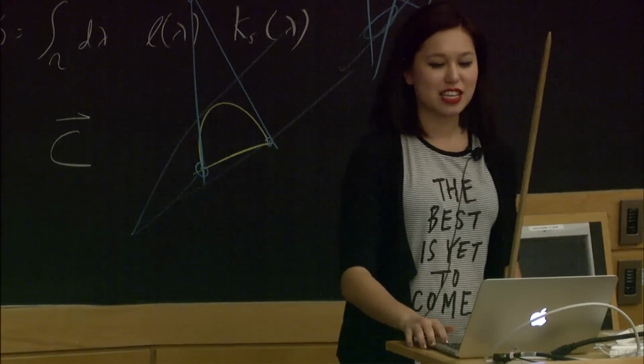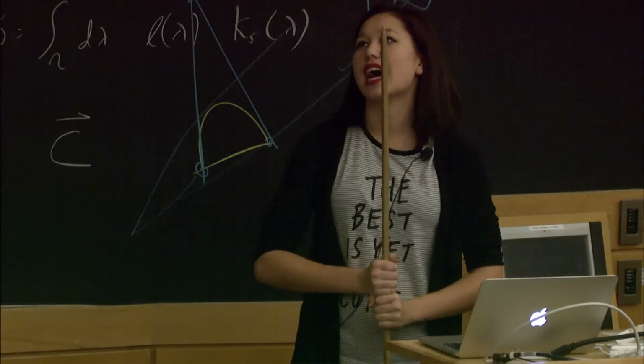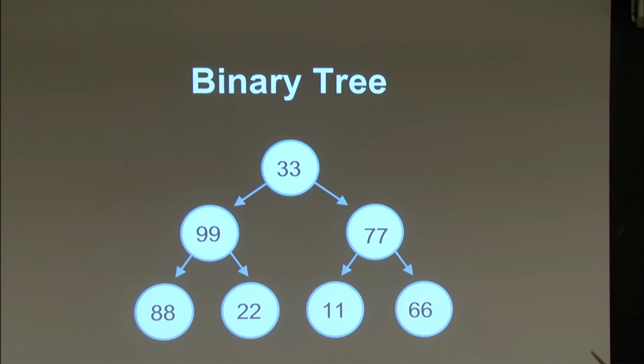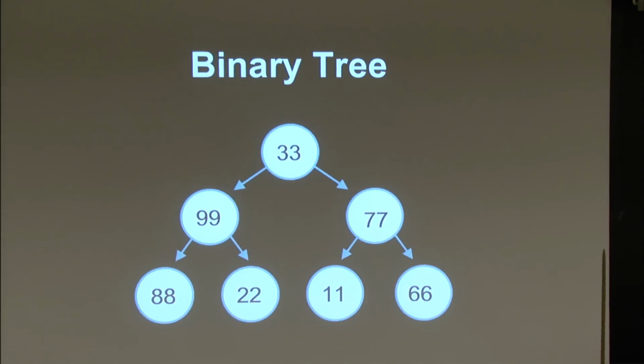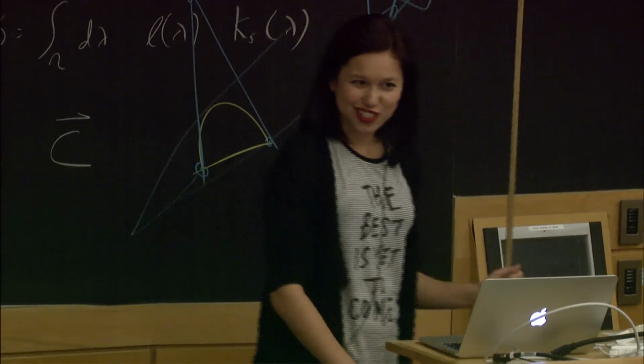In a sorted binary tree, everything on the right is greater than the parent, and everything on the left is less than the parent. This one isn't sorted, but that has been a quiz question before, so good to know.